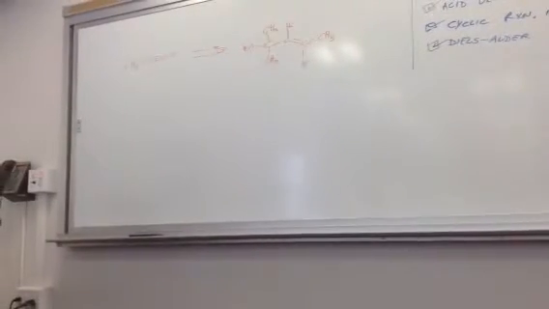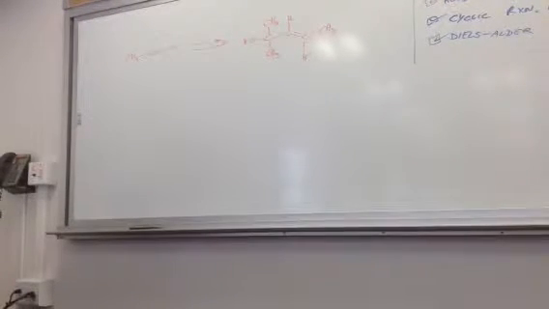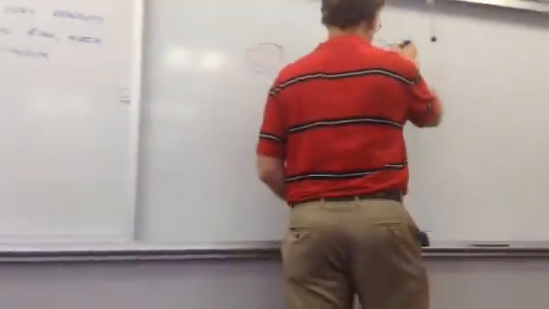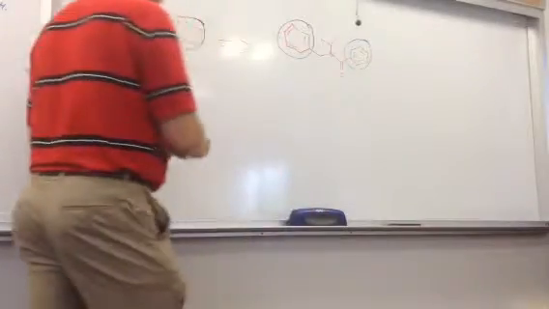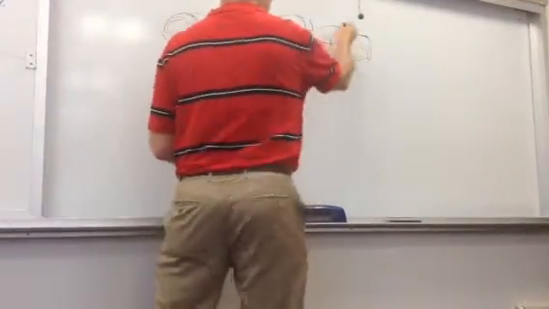Always helpful to map out your carbon atoms. Pretty easy in the right one, isn't it, to map out your carbon atoms? Six-membered ring, six-membered ring, six-membered ring. Three-carbon chain, three-carbon chain.